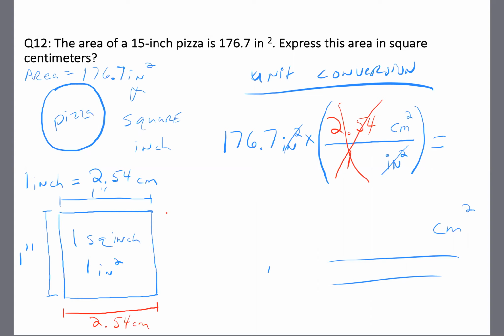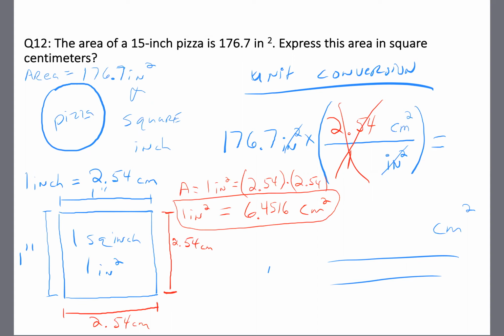And likewise, in this dimension, it's also 2.54 centimeters. So while the area of this is 1 inch squared, the area should be 2.54 times 2.54 centimeters squared. If you're doing the math, that works out to 6.4516. So 1 square inch actually is 6.4516 square centimeters. So what I wrote at first was not true.